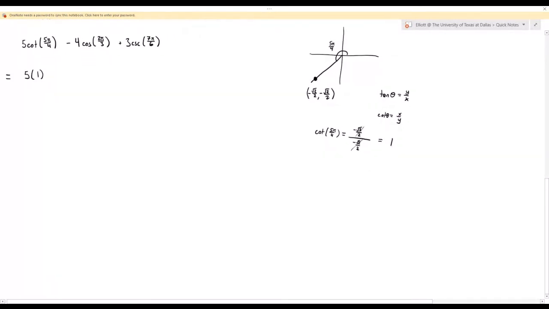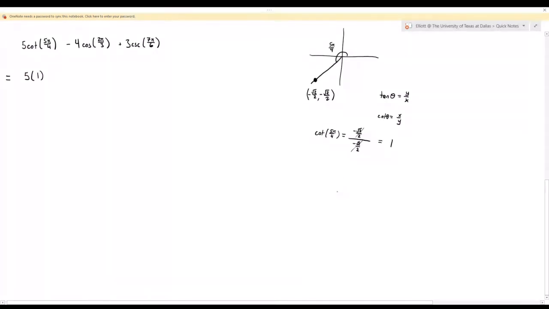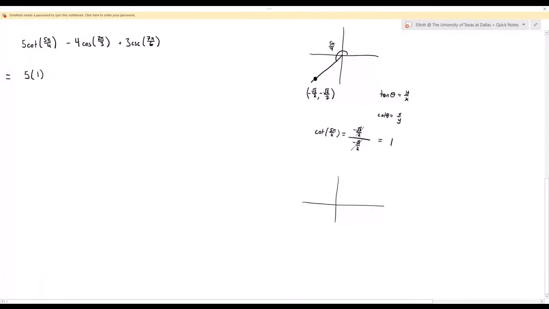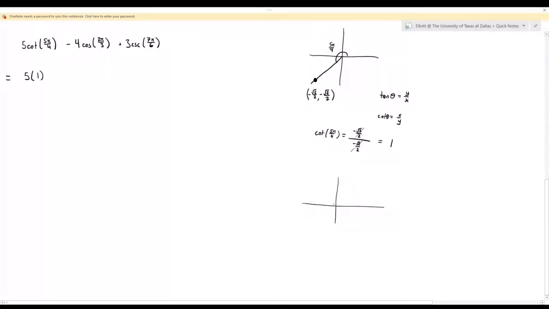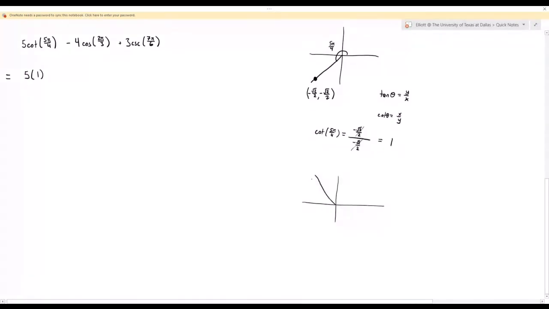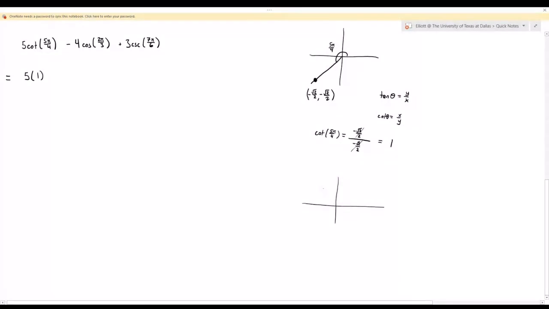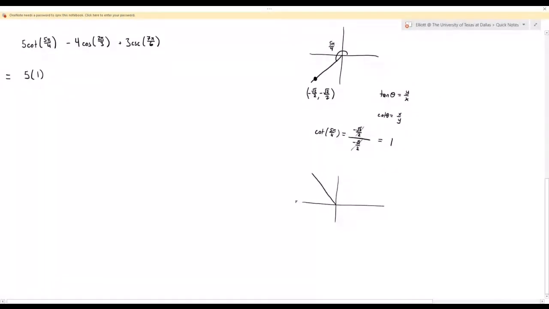All right. So let's look at this next one over here, where we have cosine of 2 pi over 3. So 2 pi over 3, let's see here, that would be in the second quadrant. It's a pi over 3 before pi. So that pi is here, 2 pi over 3 would be 60 degrees, or pi over 3 before that.